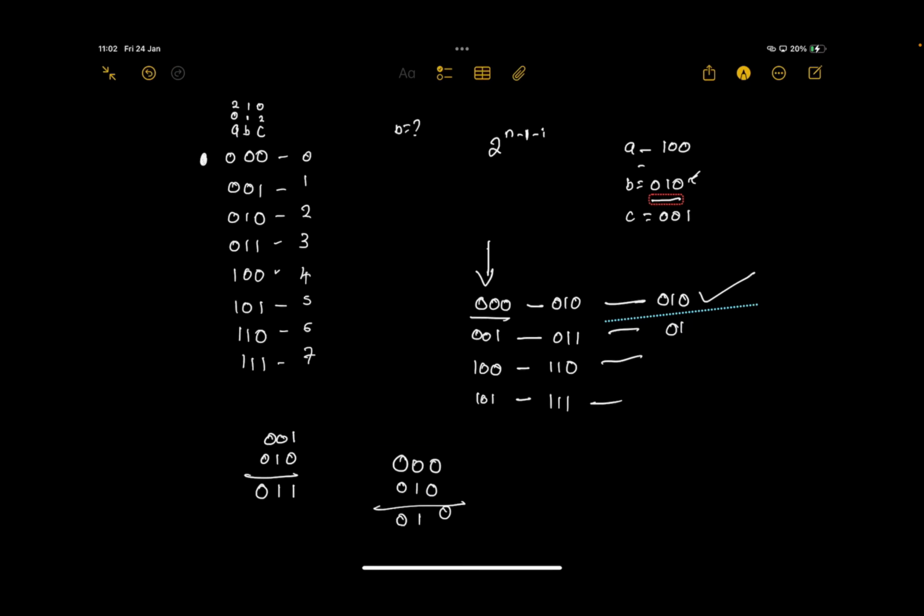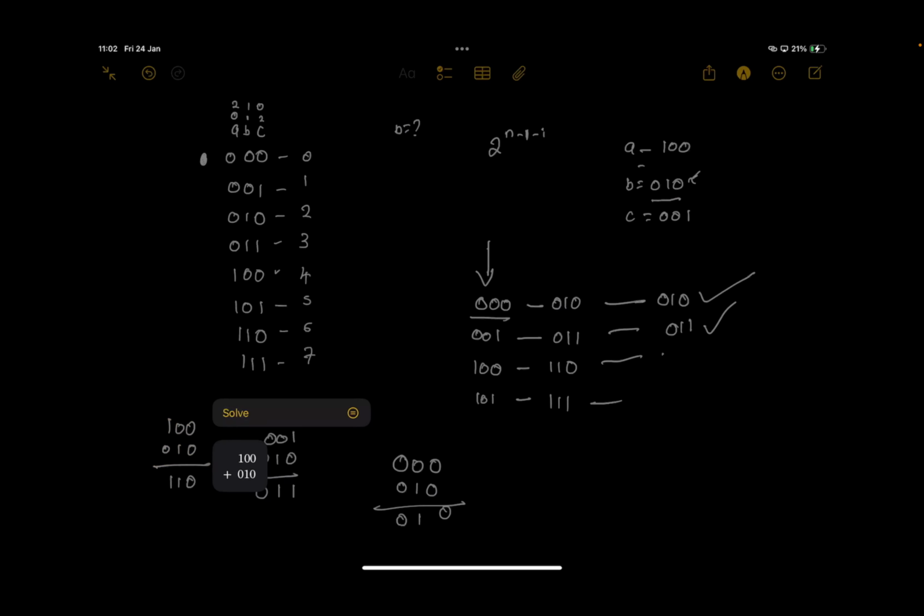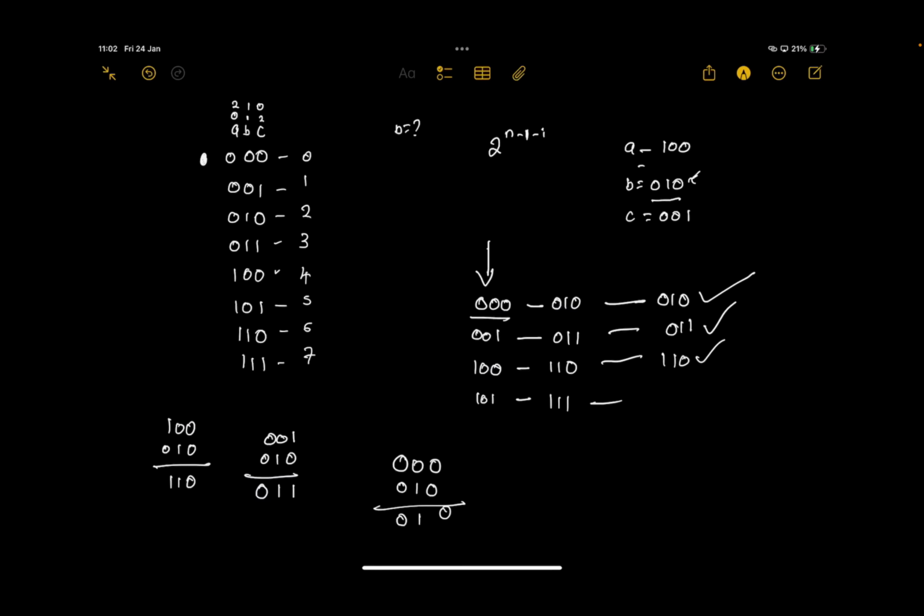This is 0, 1, 1. Checks out, right? Then 1, 0, 0 OR 0, 1, 0 is 1, 1, 0. Checks out. And then finally 1, 0, 1 OR 0, 1, 0 is 1, 1, 1. Checks out.